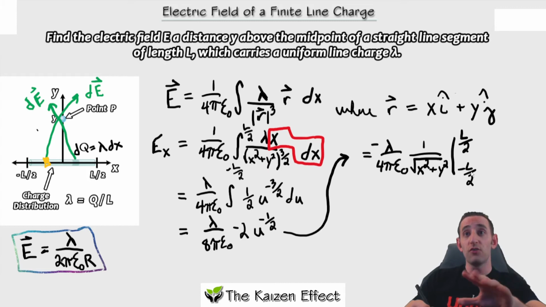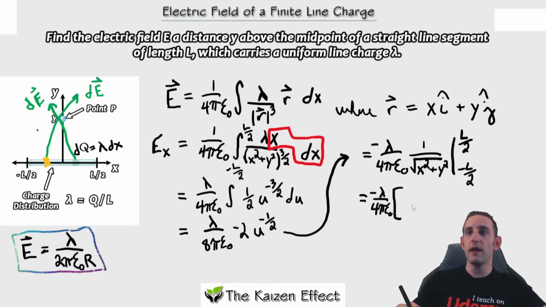So our intuition is good here. But I'll work it out for you guys. So we get a negative lambda over 4 pi epsilon naught. And we're going to get 1 over square root of L over 2, this whole thing squared plus y squared.